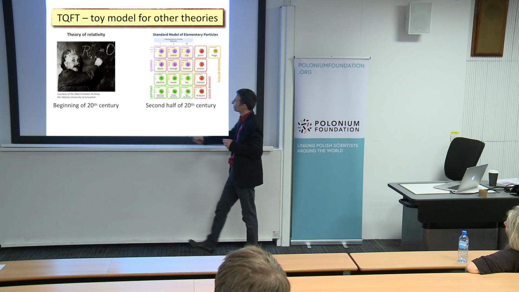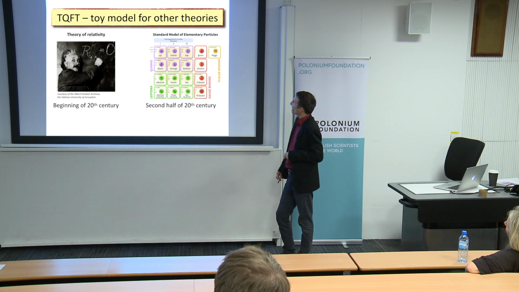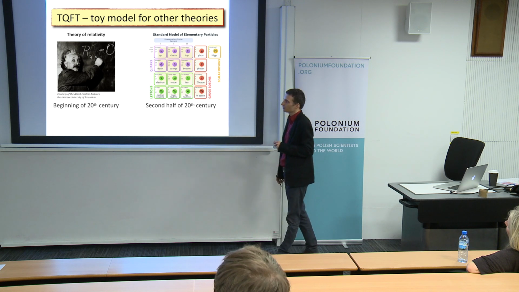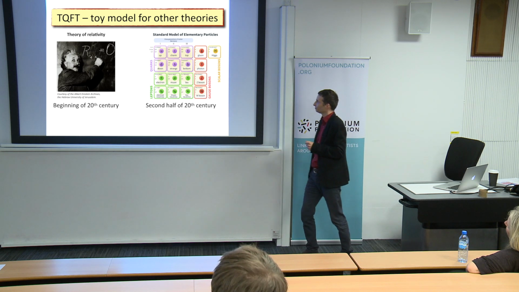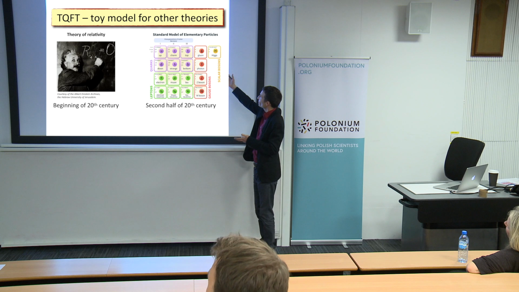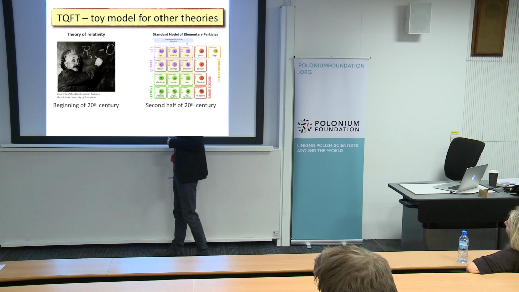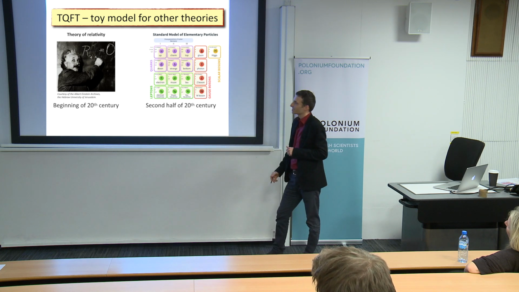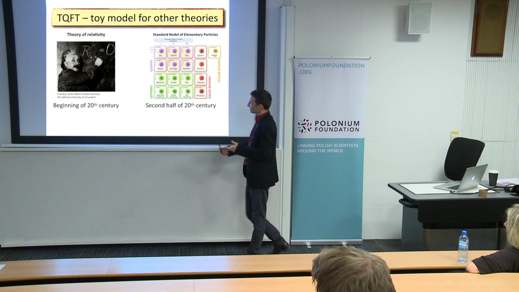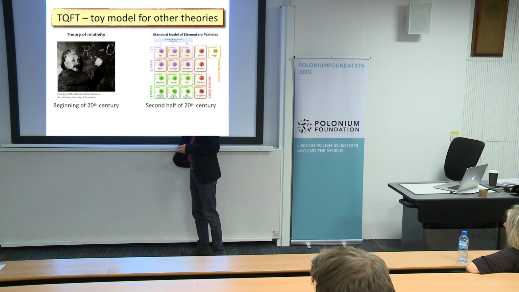One of them is the theory of relativity formulated about 100 years ago by Einstein, and the other is the standard model of elementary particles, which is a particular version of quantum field theory. This is a quantum theory; the field theory behind the standard model has a quantum formulation. We don't know a quantum formulation of general relativity, but this is one dream of physicists. They would like to find a quantum theory of gravity, which you might have heard of. That's one thing they would like to find. And also they would like to find some way to unify these two types of theories.